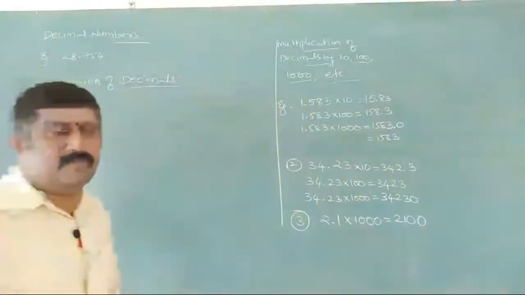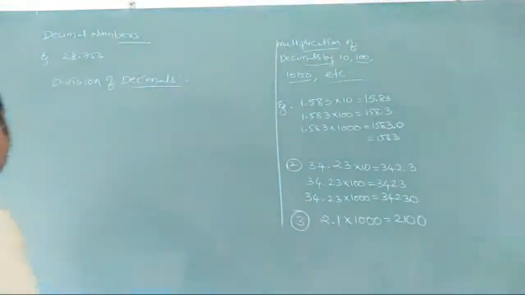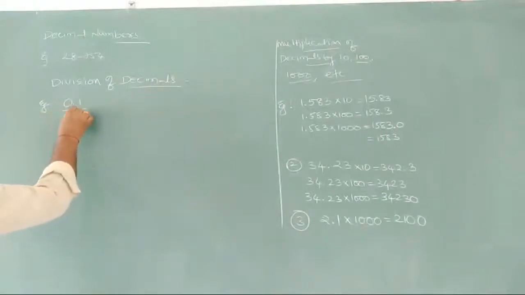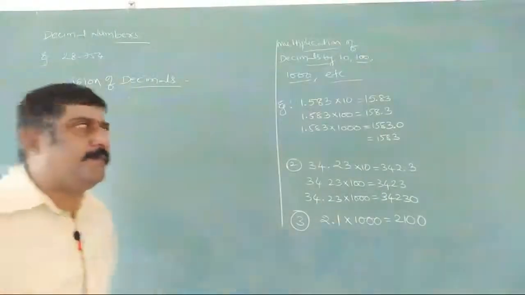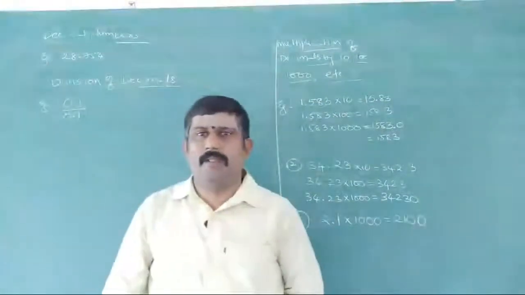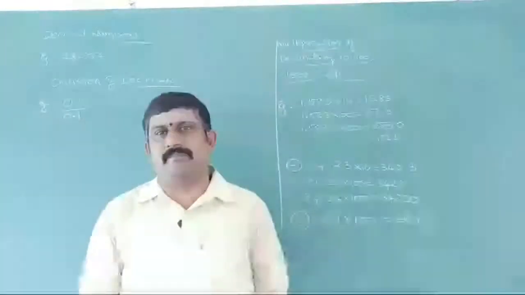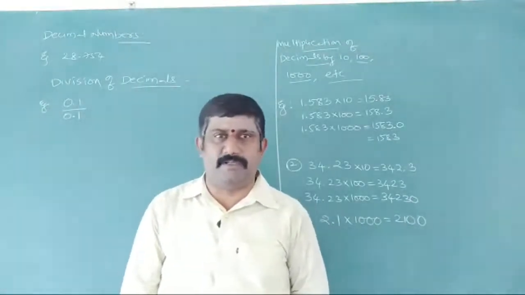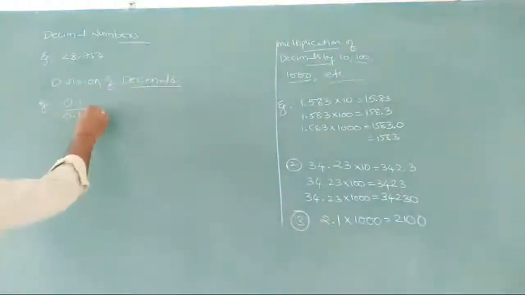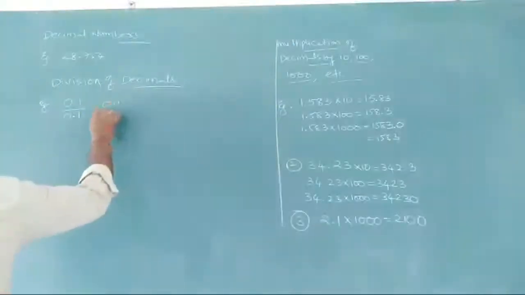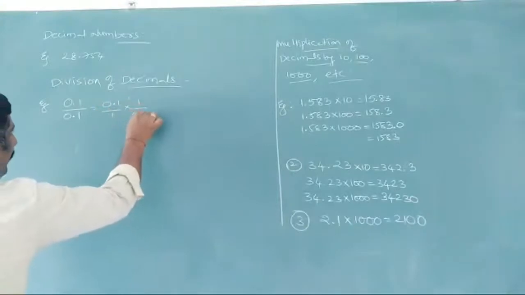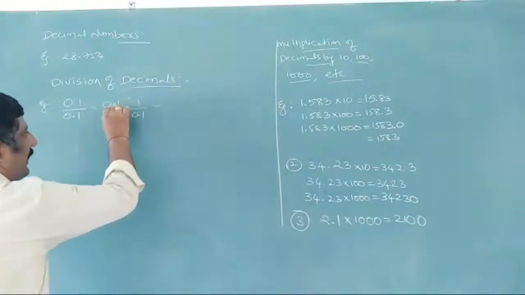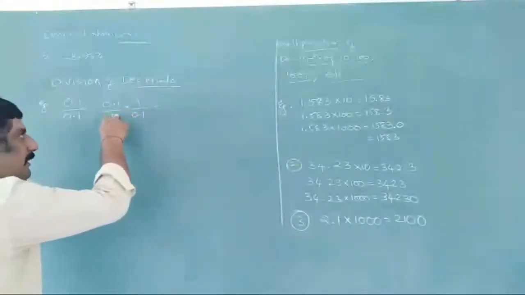Division of decimals. Let me take first of all 0.1 by 0.1. Of course, both are the same numbers, so cancellation is possible directly, or else we are going to do it by the division method here. First of all, 0.1 by 1 into 1 by 0.1 I am writing. Now to eliminate this point, I have to keep a 0 in the denominator.